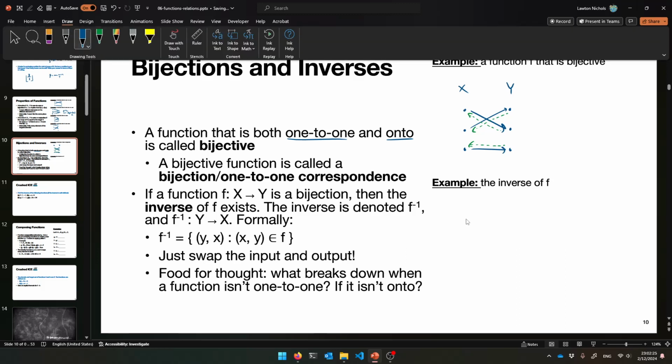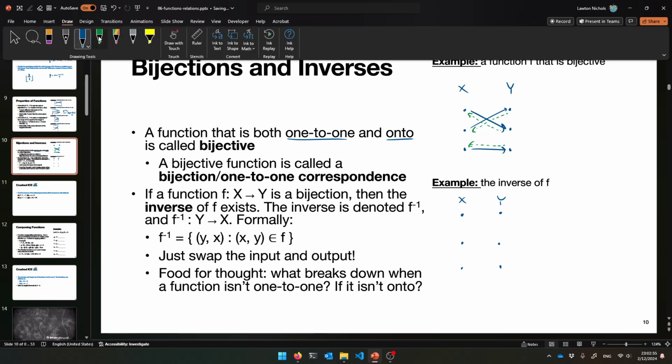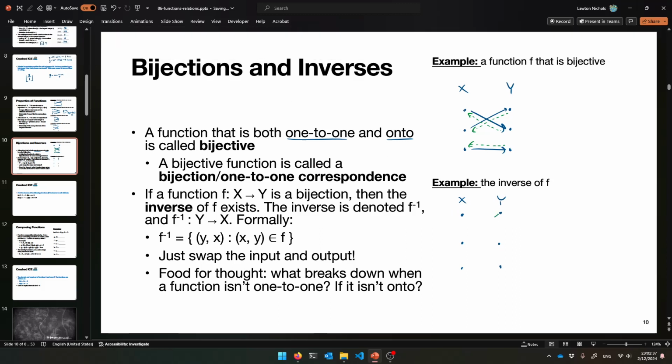It's the dotted lines, but I'll draw it again. This will be your inverse, where this is the x set and this is the y set. The inverse is now a function from y to x. Y is the domain. It took you to the x that took you to that y, essentially. It kind of undid the function call. So that's the inverse of f. Okay? So you swap them.